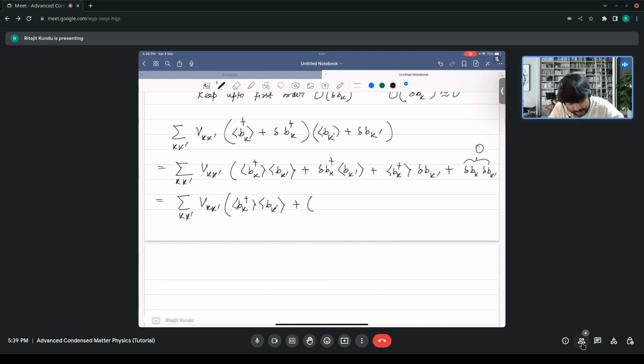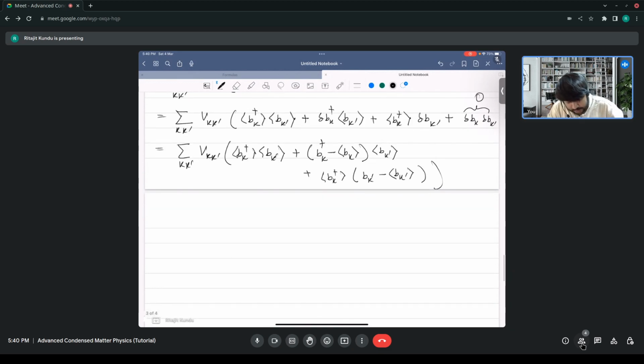So delta bk dagger is given by bk dagger minus bk expectation, right? So this is just the delta bk which I have replaced back from the previous equation, and I have bk prime expectation. And for the other term I have similarly bk dagger expectation and bk prime minus bk prime expectation. Now let's try to simplify this even more.